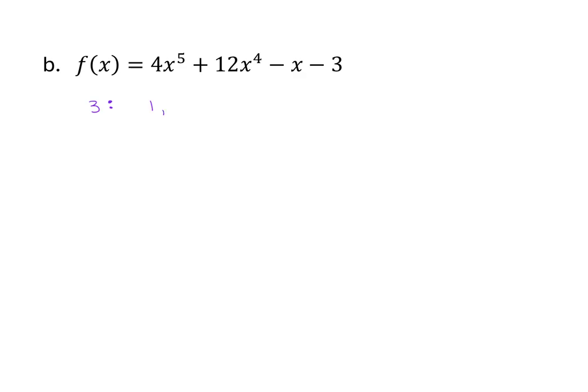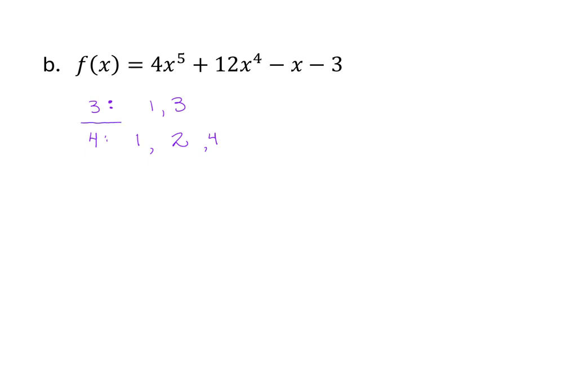So what divides into 3? We have 1 and 3. We're going to repeat the same thing with the 4. Things that divide into 4, we have 1 and 4, 2 and 2. And so if we just list our factors of 4, we have 1, 2, and 4.